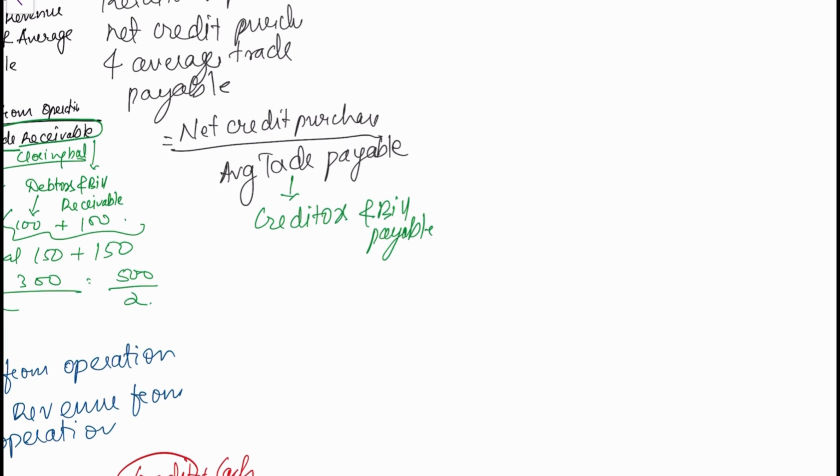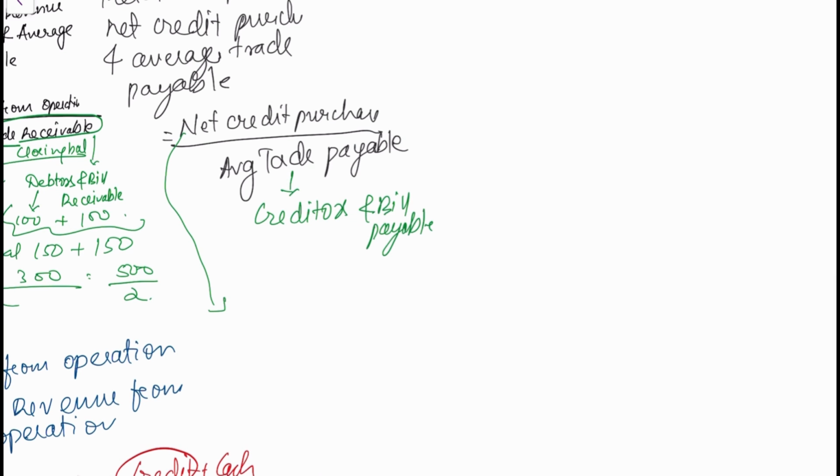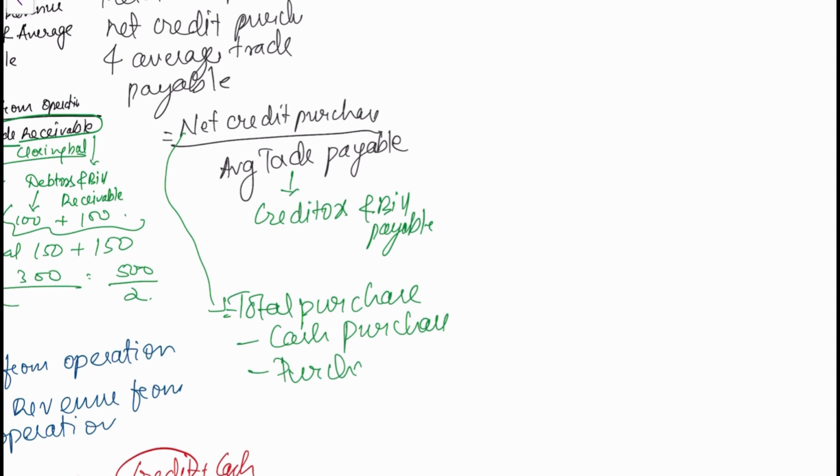Then net credit purchase. The formula to calculate net credit purchase is total purchase minus cash purchase minus purchase return.